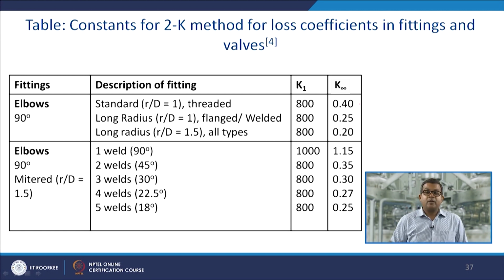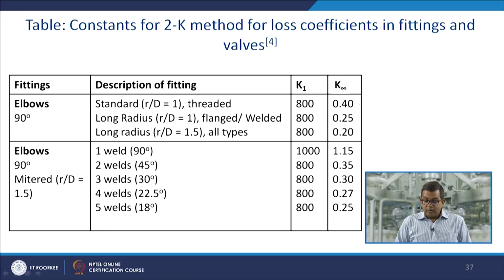Long radius R by D equal to 1, flanged or welded, 800 and 0.25. Long radius, that is R by D equal to 1.5, and all types are clubbed under this head. So K1 is equal to 800 and 0.20 is K infinity.